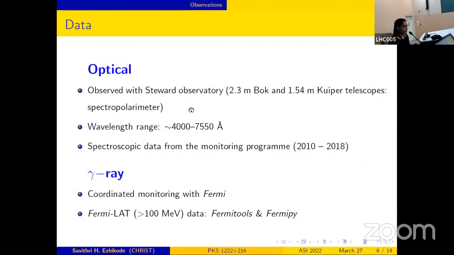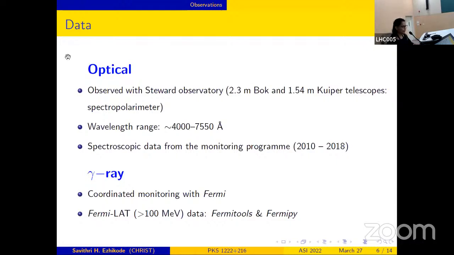For this study, we require data in both the optical and gamma ray bands. The source has been continuously monitored in the gamma ray band and optical band with Fermi and the ground-based optical observatory, Steward Observatory, that operates in the wavelength range of roughly 4,000 to 7,500 angstrom.